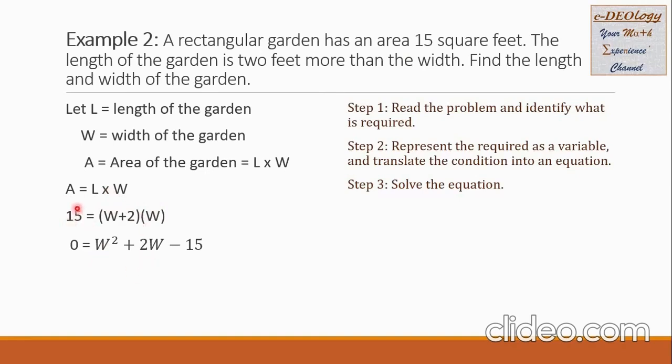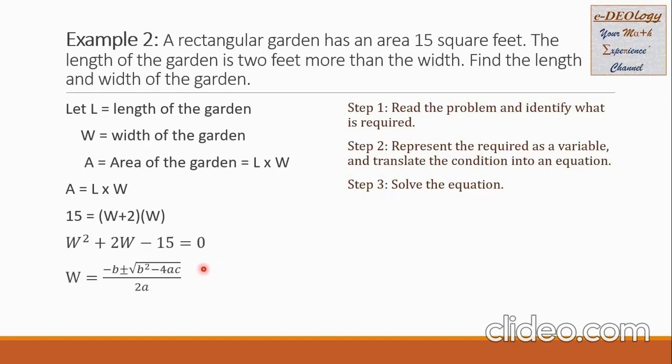The 15, we transpose it, the sign will change into negative 15. So in here, it is now in standard form of a quadratic equation. But since we are familiar that the 0 is on the right, we can just simply interchange the right side and the left side. There is no issue on that.